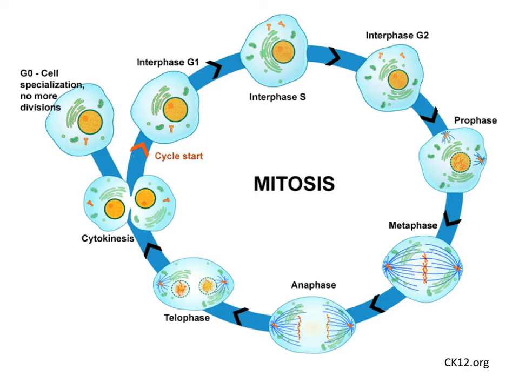When a human cell, let's see, how many copies of DNA of every chromosome are in a human cell? 2. We're diploid. We have 2 copies of every chromosome by definition. So, how many copies of each chromosome should be in the daughter cells?